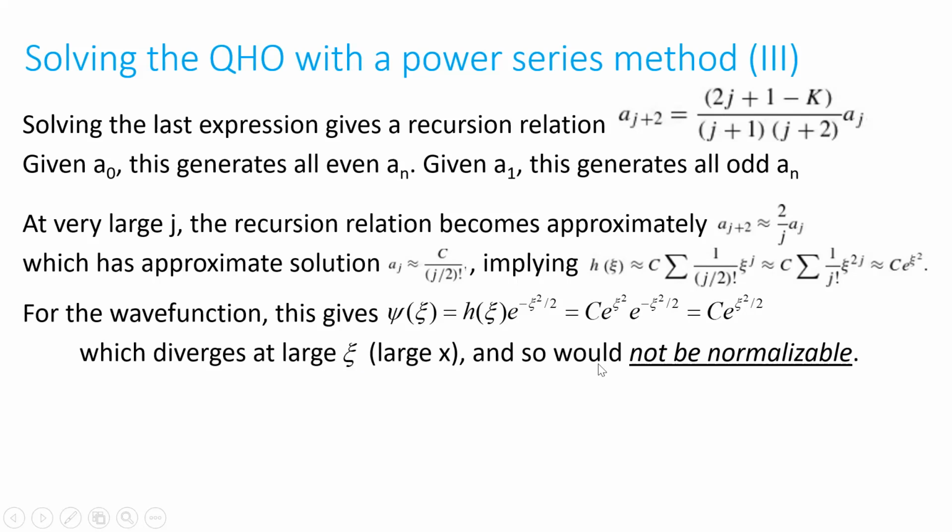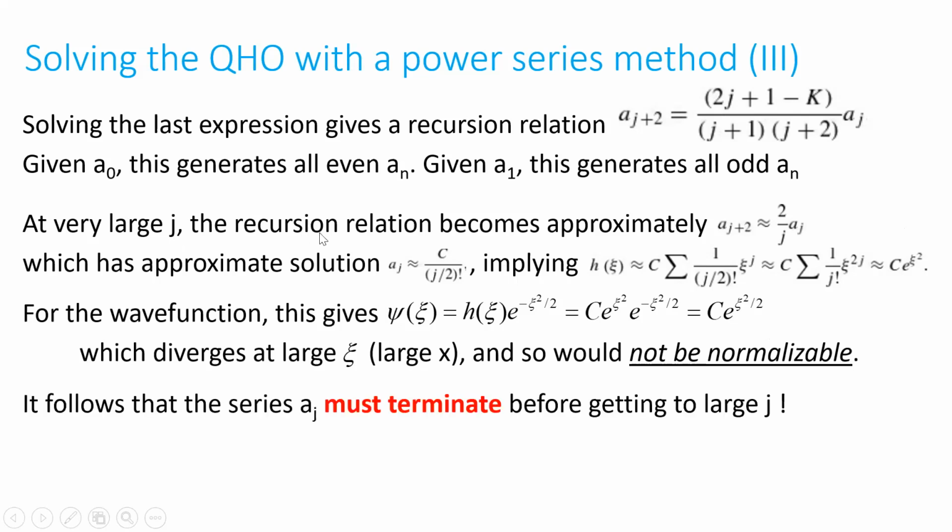And so it wouldn't be possible to normalize the wave function, because e to the psi squared over 2 is just going to blow up as x goes to infinity and psi goes to infinity. So something must give here. The only thing we used was that we had very large j. So it must be that we don't get to extremely large j.